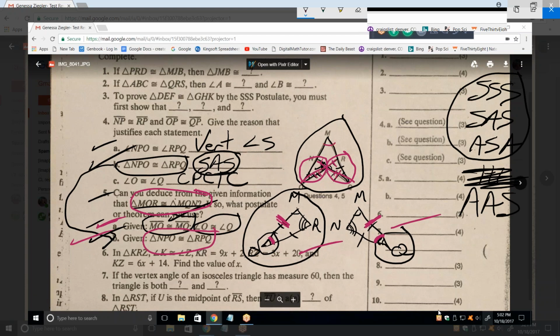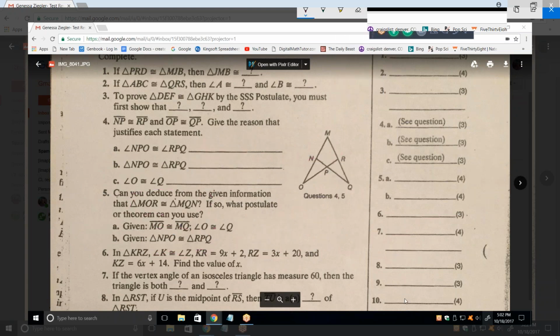You have an angle in common, and I know that that angle is equal to that angle. So statement B alone does prove congruency. Statement A alone does not. I think that's what they're trying to get you to say.